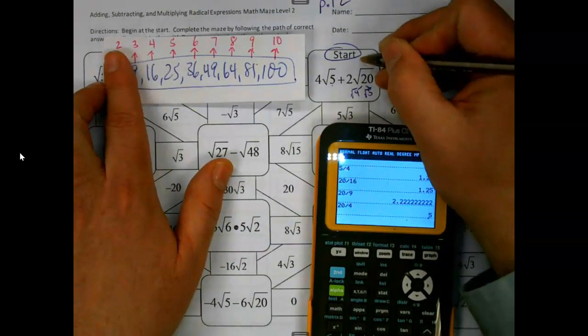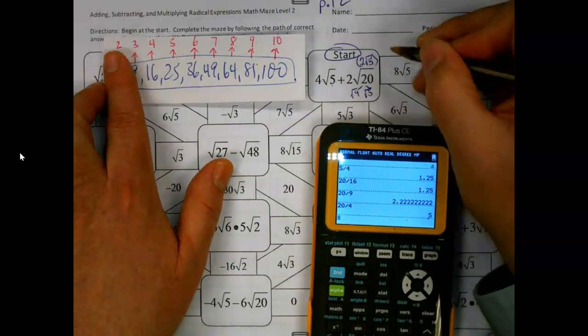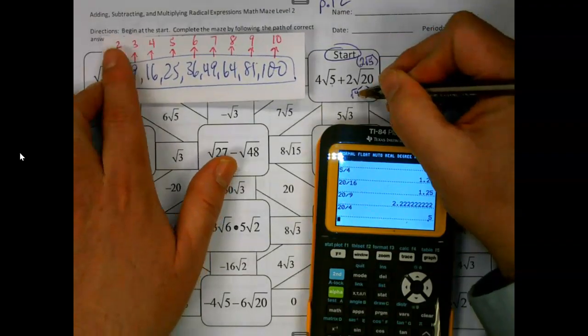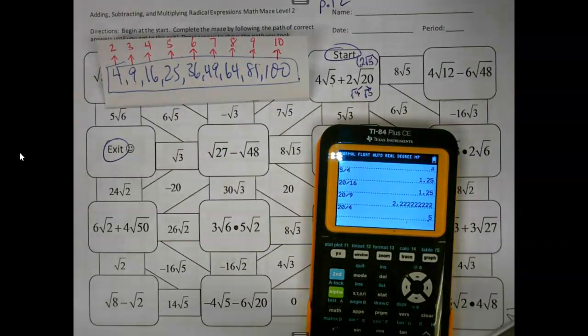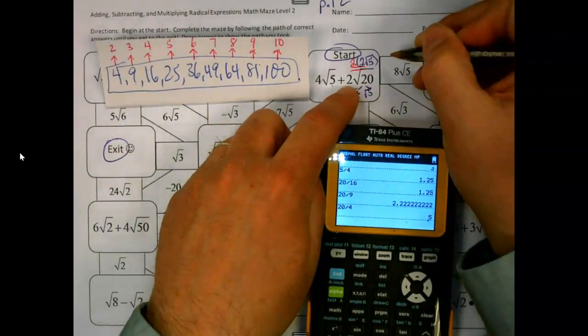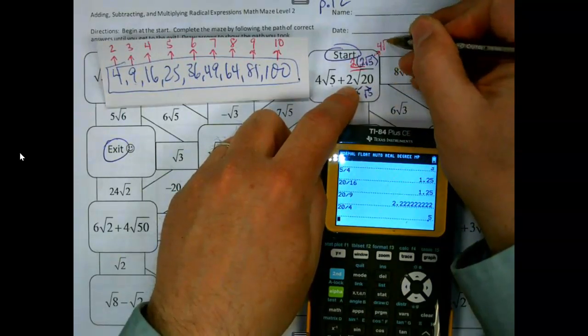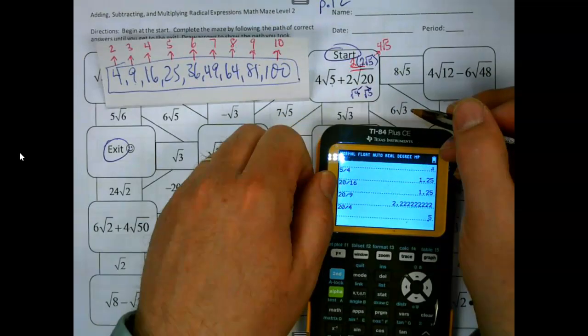So you're like, okay, wait. 2 square root of 5, because the 4 broke down. But this 2's kind of lurking still. So 2 times 2 is 4 times the square root of 5.